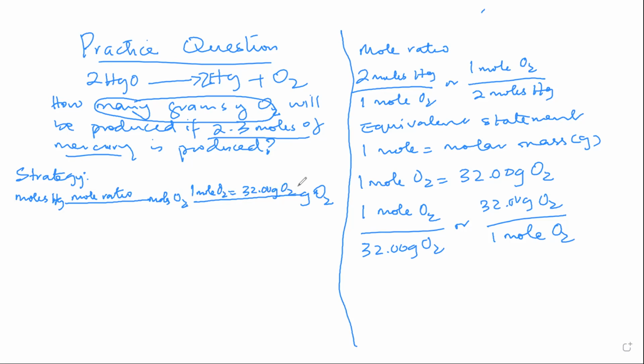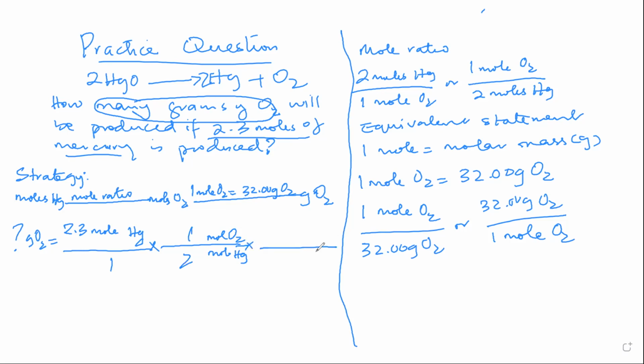So we set it up. Grams of oxygen equals 2.3 moles of mercury over 1. We will have moles of mercury here, moles of oxygen here. Where is the mole of oxygen? 1 to 2.